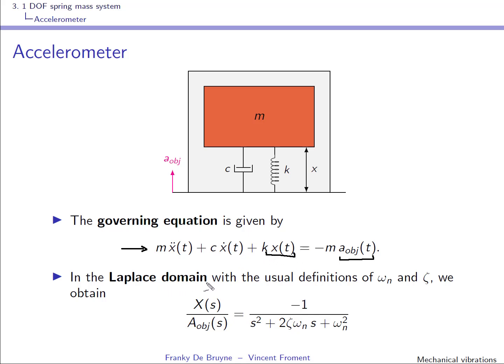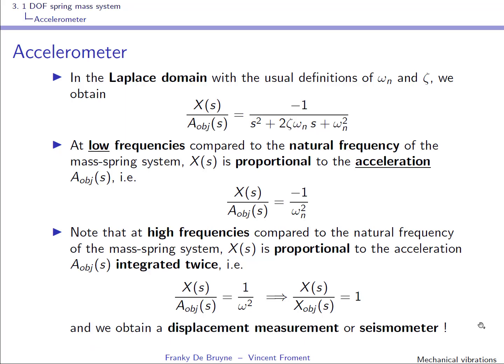And now going to the Laplace domain, and with the usual notations of omega n and zeta, we can write a transfer function from the acceleration of the object to the differential displacement, which looks like this. This is the equation that you obtain in the Laplace domain.